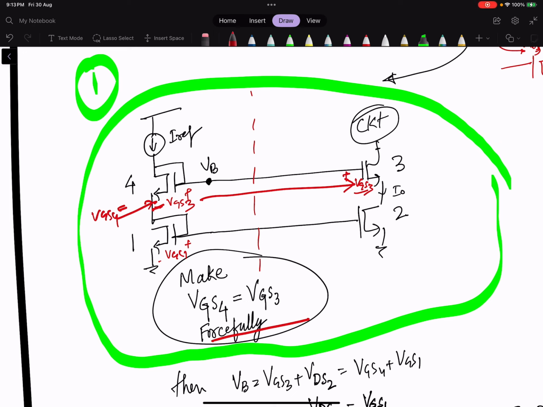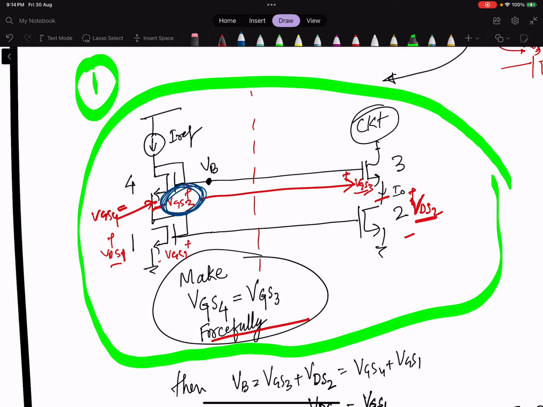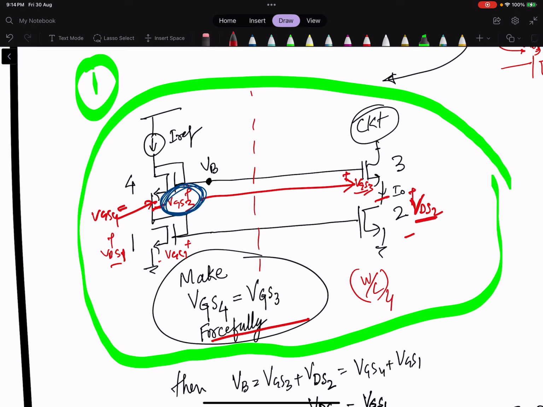Otherwise it won't make this voltage VDS2 equal to VDS1. So for proper working, this voltage has to be equal to VGS3. From the design, you will decide the W by L of M4 accordingly, such that VGS4 is equal to VGS3.